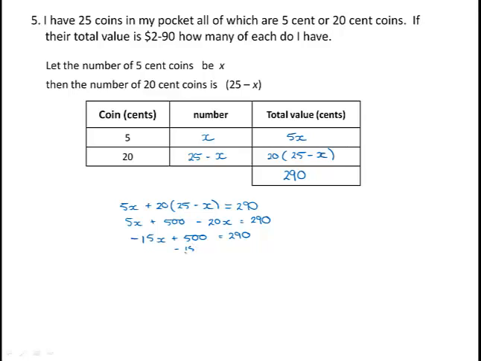Subtracting 500 from both sides leaves us with minus 15x equals minus 210. Lastly, dividing both sides by minus 15 gives us x equals 14.